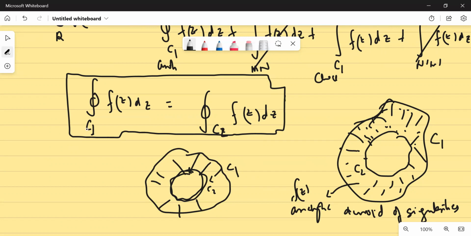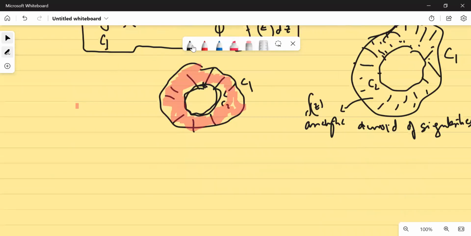That is, when I'm shrinking, I should not encounter any sort of singularities. In this particular region, my function was analytic, so I was not encountering any such singularity. And this is what your principle of deformation of contour says. I'll write it over and do a thing that we've done already, and then we'll see all the more details tomorrow.